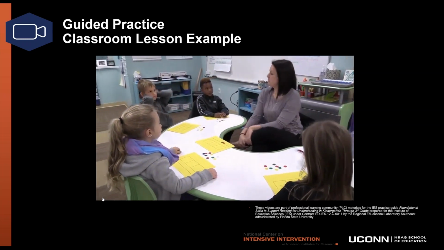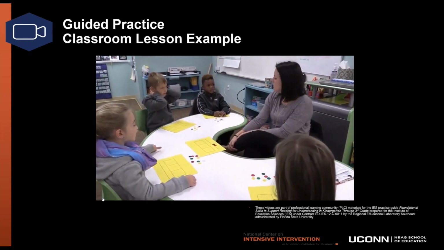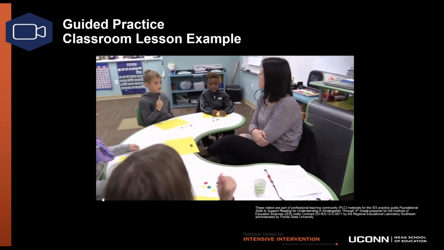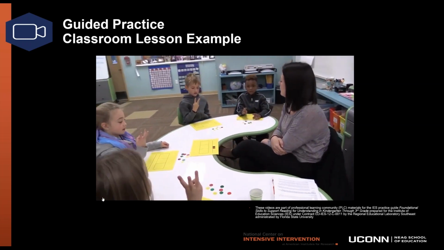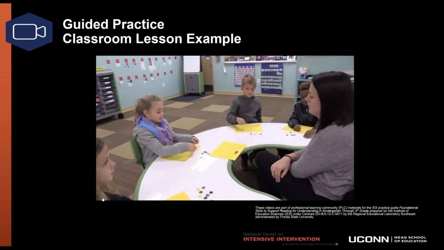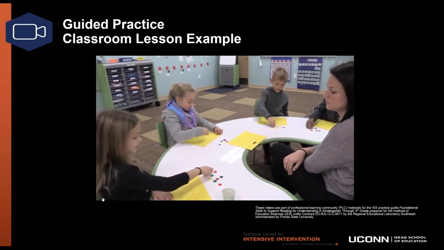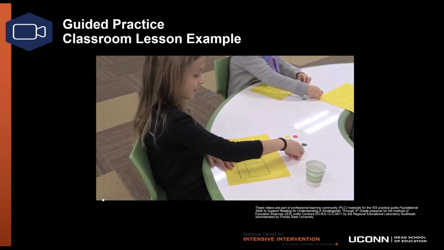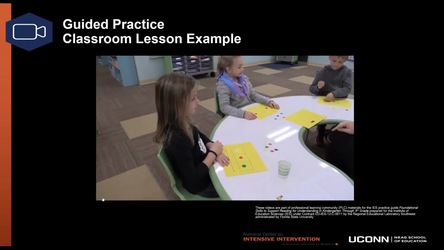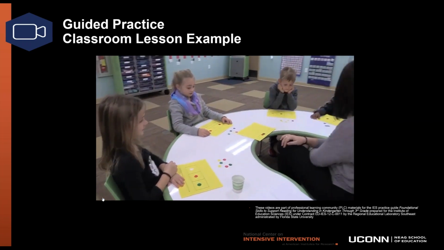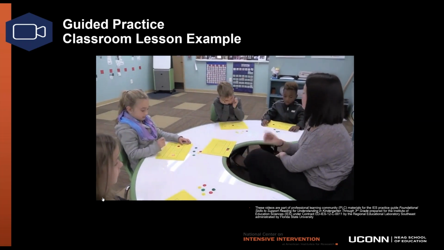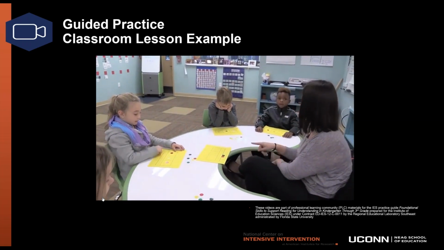Say sun. Sun. Say each sound in sun and hold up one finger for each sound you hear. And you move a chip for each sound that you hear in sun. I'm going to touch each chip and say the sound you hear in the word sun. Use your finger to track and read the word sun.